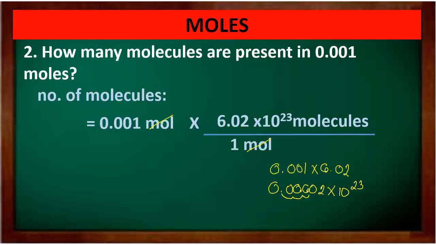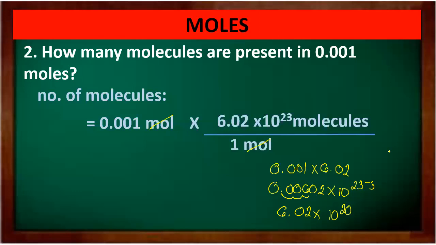And sabi natin, pag tayo ay nagmo-move ng decimal place to the right, yung exponent natin ay nagiging negative. So, negative 3 kasi we moved 3 places to the right. So, meaning yung exponent natin, isa-subtract natin by 3. Therefore, our answer is 6.02 times 10 to the power of positive 20.